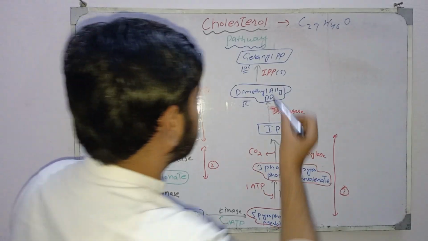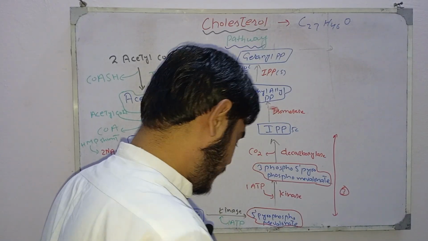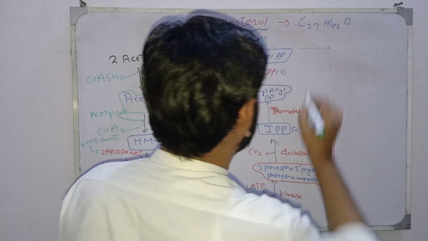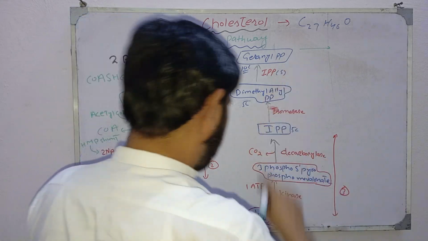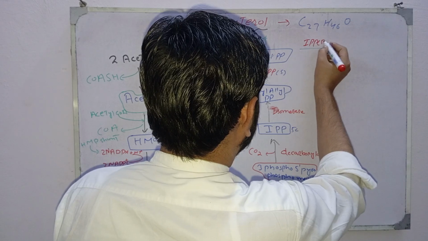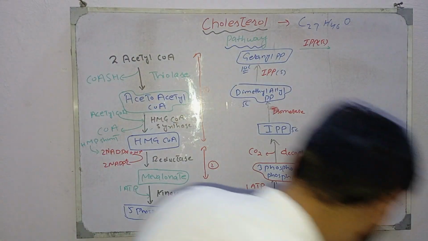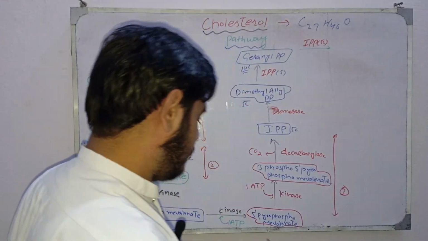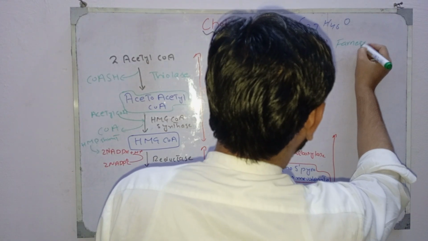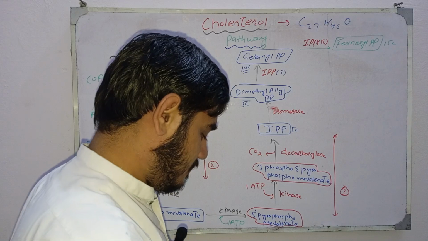In next reaction, there is again condensation of isopentenyl pyrophosphate, and it converts into farnesyl pyrophosphate, a 15 carbon containing compound.